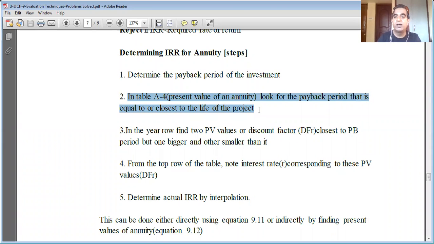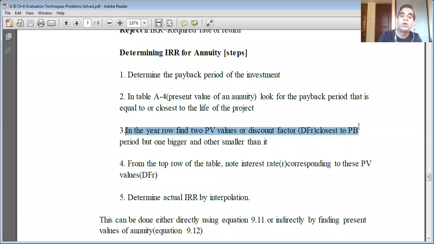So in the row, find two present values or discount factors closest to the payback period, but one bigger and one smaller than it. This is what I'm going to do now, so you will understand.